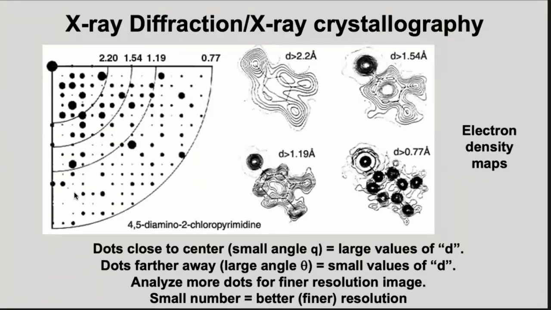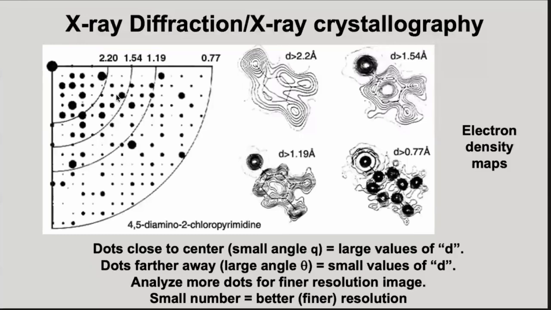One way to simplify your life a little bit when you're trying to solve the structure of a molecule from an X-ray diffraction pattern is to start out by only solving the Bragg equation for the dots that are closest to the center. That represents small values of the angle theta, right?